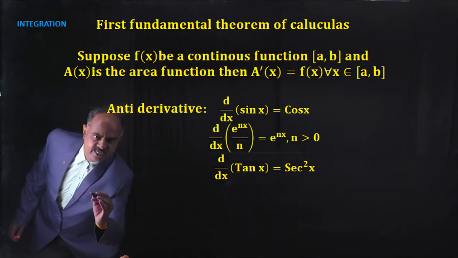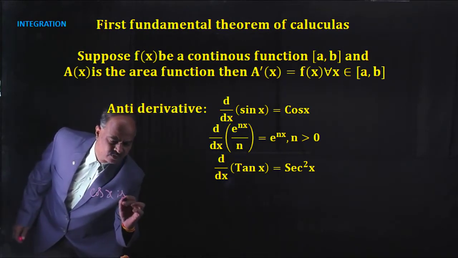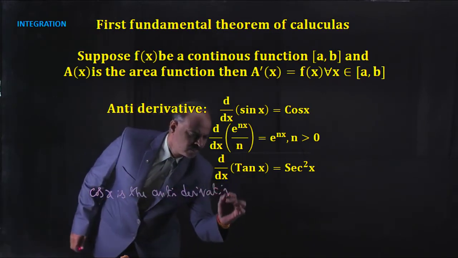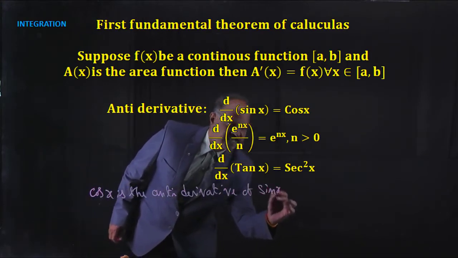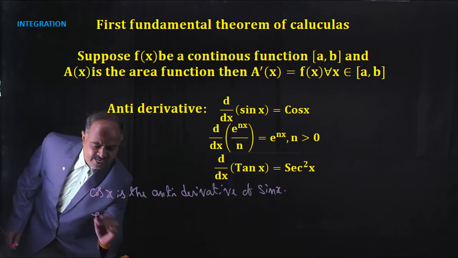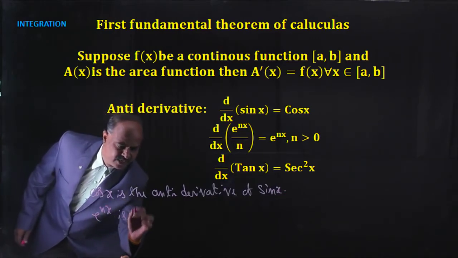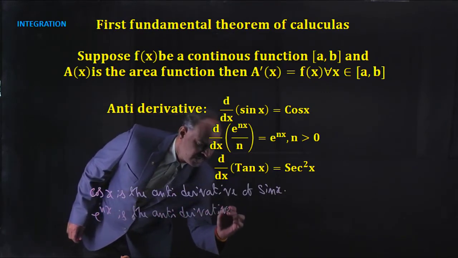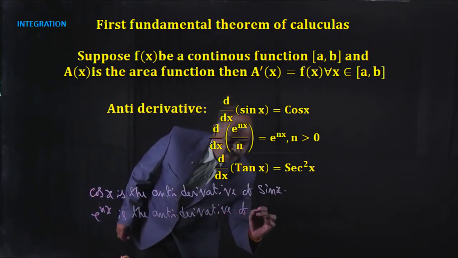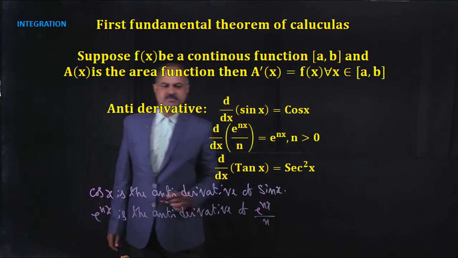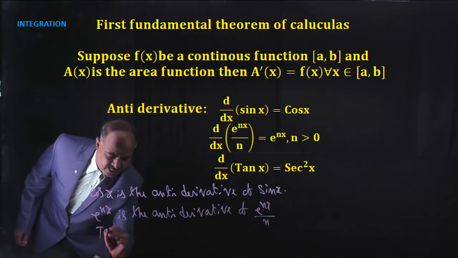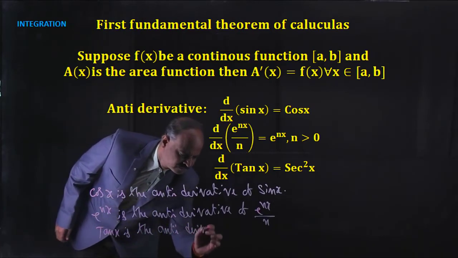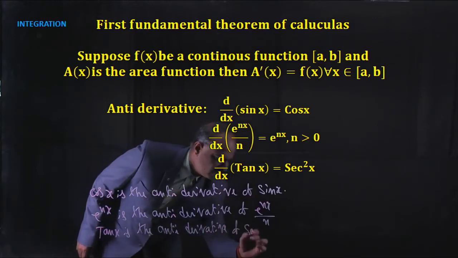Here sin x is the antiderivative of cos x, and here e power nx by n is the antiderivative of e power nx, and here tan x is the antiderivative of secant square x.